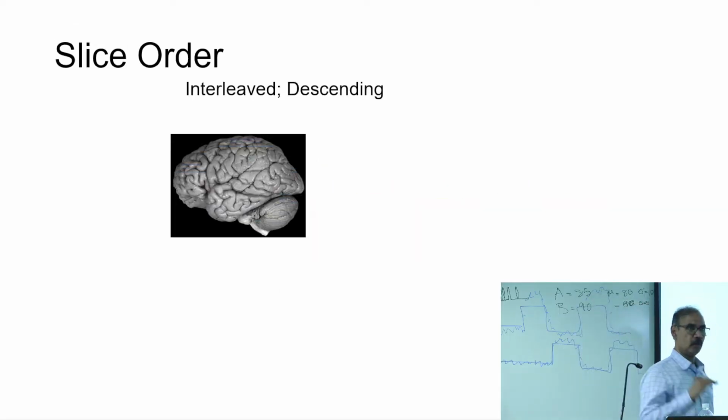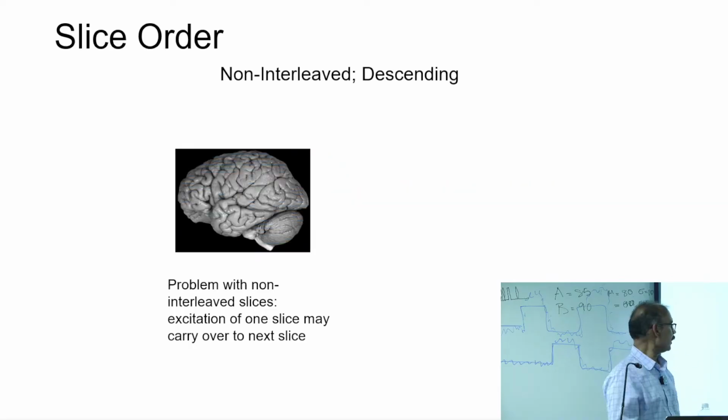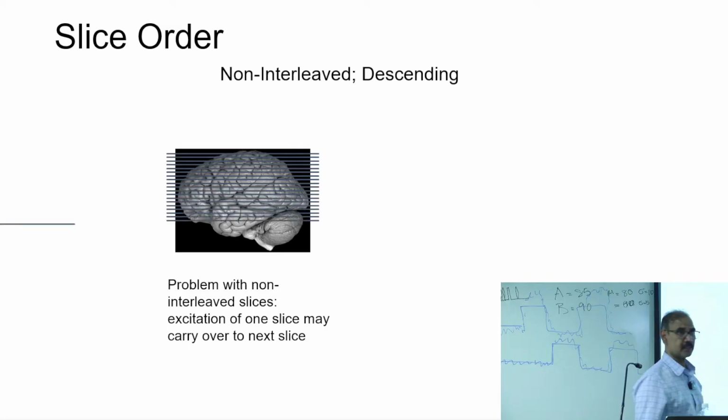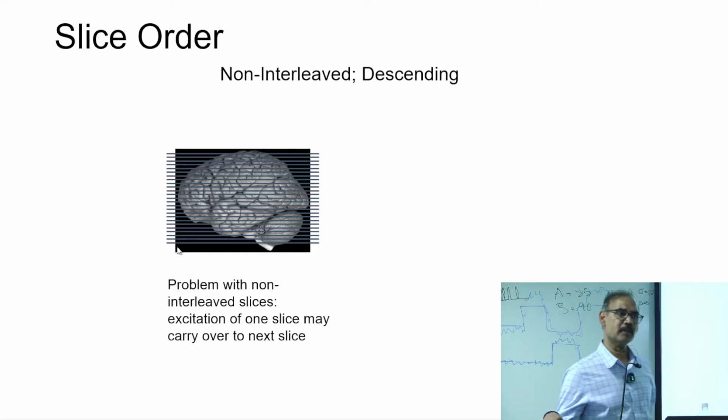So let's say your TR was 2 seconds, like the sampling rate is 2 seconds, and you have 20 slices. So what it means is that the data is collected here at time 0, here at time 100 millisecond, 200 millisecond, 300. Here it will be 2 seconds, right? So if you looked at the data on this slice versus this slice, how much difference is there going to be in time?